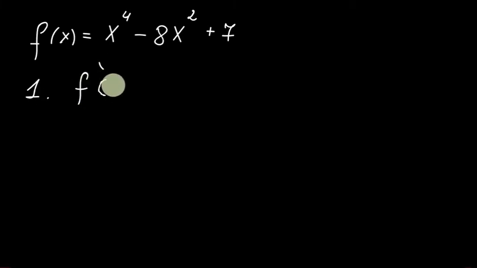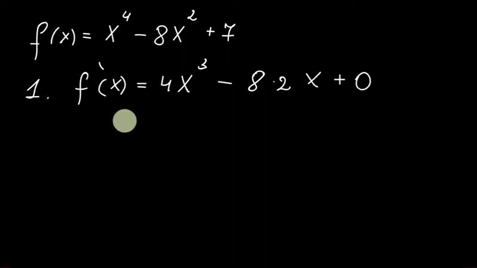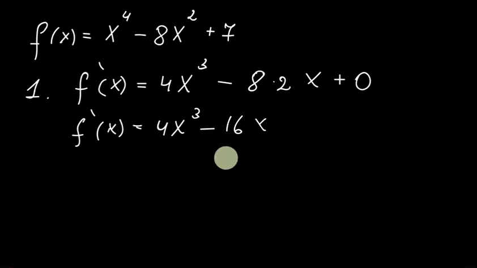The derivative of this will be 4x cubed minus 8 times 2 times x plus 0. So our derivative is 4x cubed minus 16x. Now we need to solve this for 0.